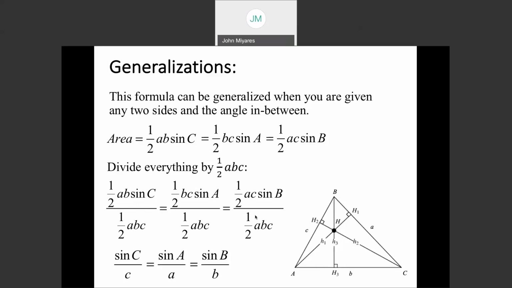This three-sided equation here is something known as the law of sines.